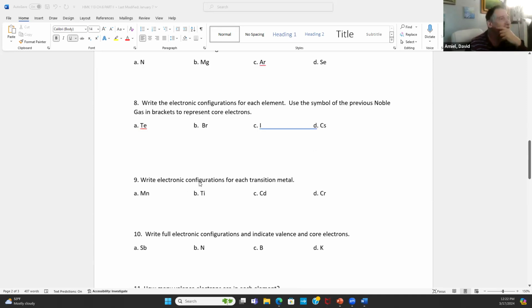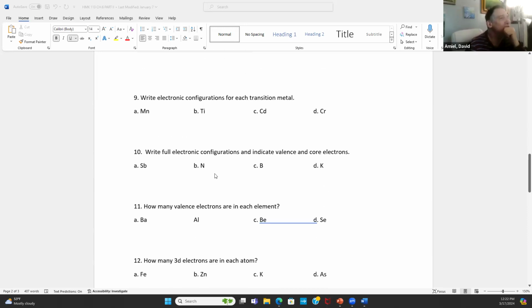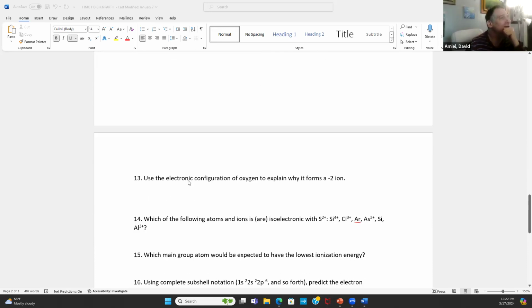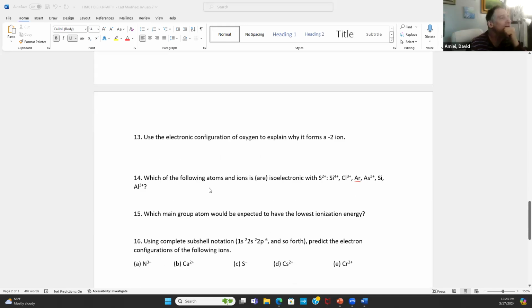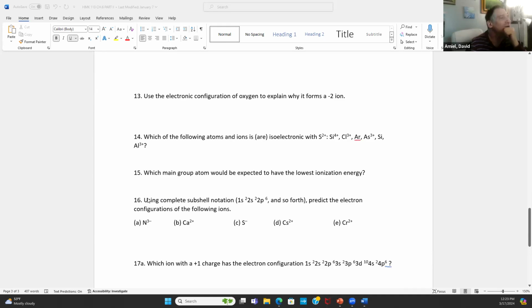We did a problem like that. More electronic configurations, more electronic configurations. How many 3Ds? You should be able to answer that. Why does oxygen form a -2? Can do that. I think you're good here.